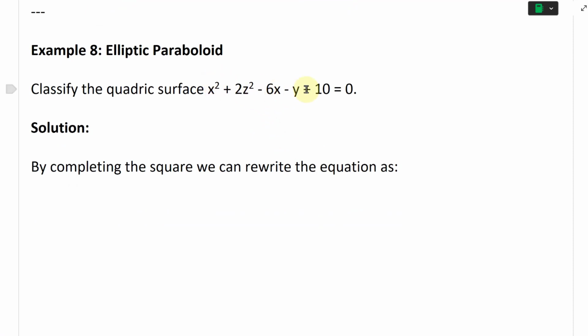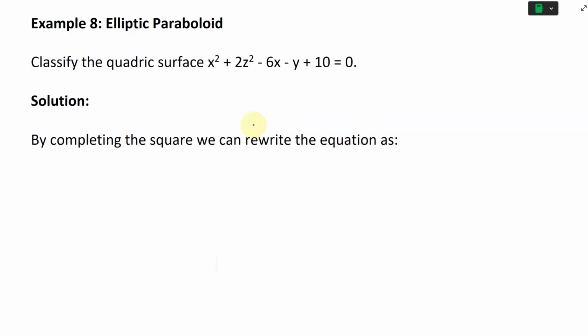And in this case, there's no y squared, and there's no other separate variable besides x. So we can complete the square with x squared and x. And then we're going to have a y variable by itself, that's to the power of 1. And then the z squared is already to the power of 2 with no other variables. So by completing the square, we can rewrite this equation as, so I'll write this down with all of the relevant parts for the completing the square in front.